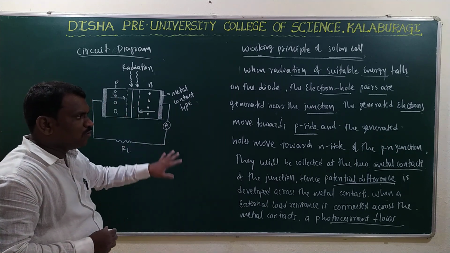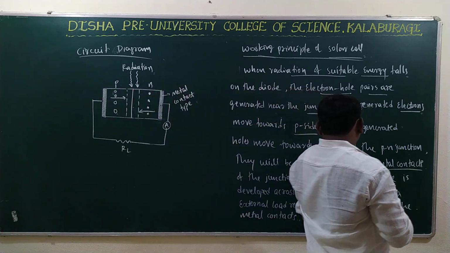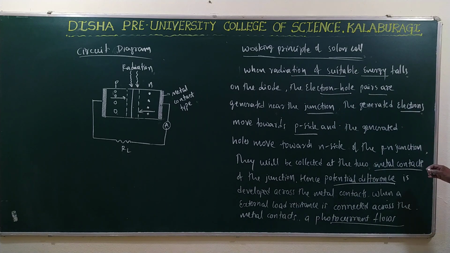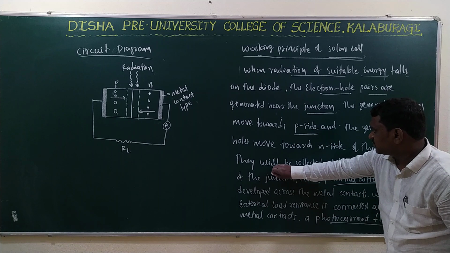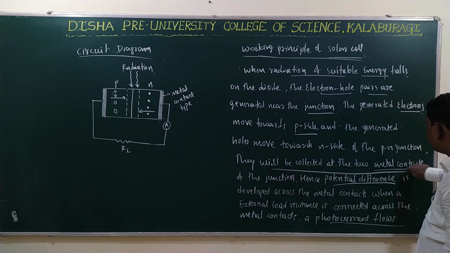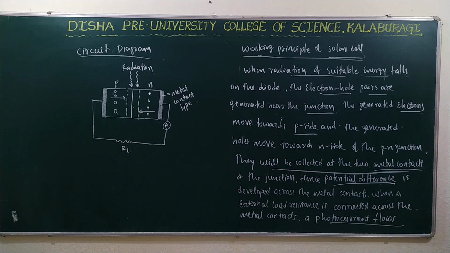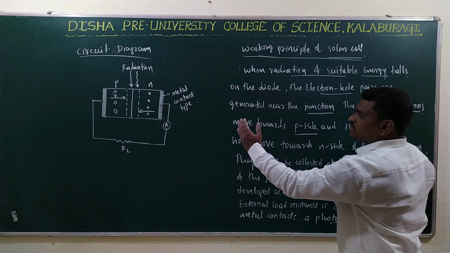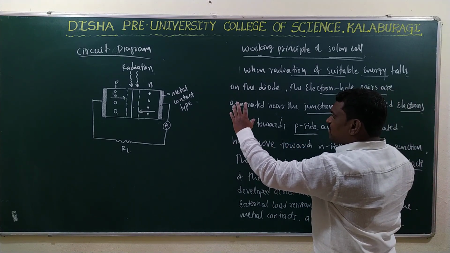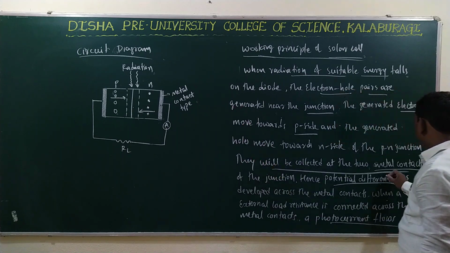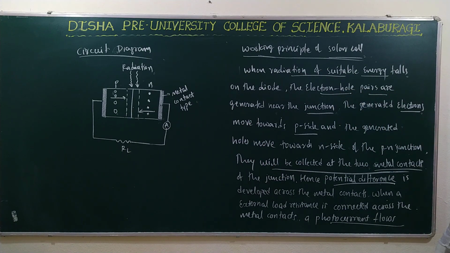electrons and holes are generated and move towards the n-type and p-type semiconductor, and they will be collected at the two metal contacts. Then electrons and holes are moved towards the metal plate, and the metal plate collects all the electrons and holes.